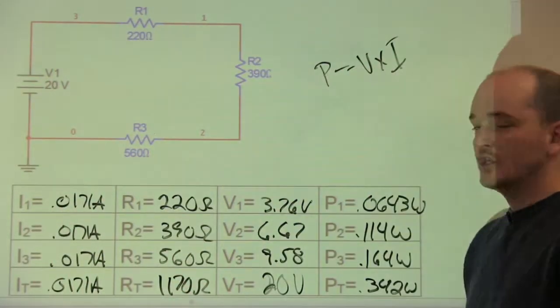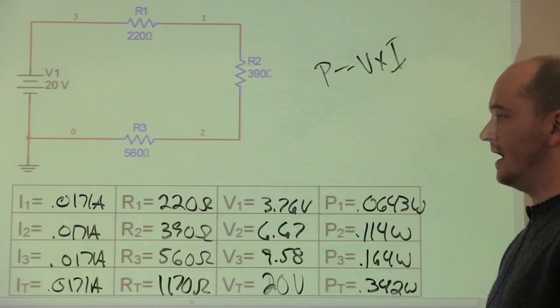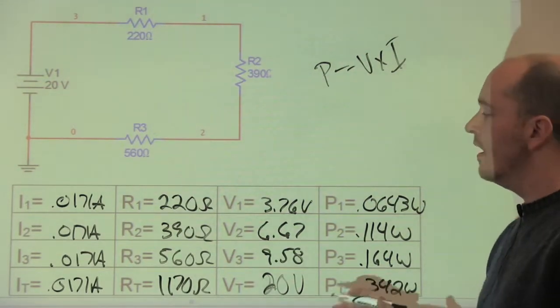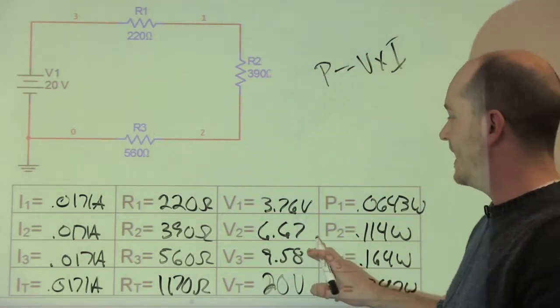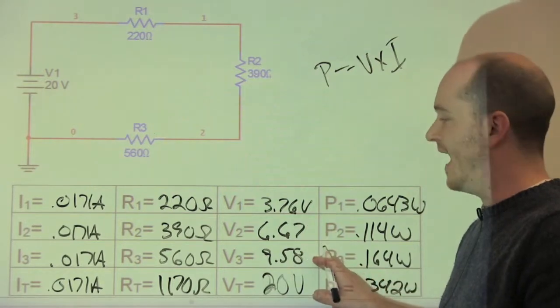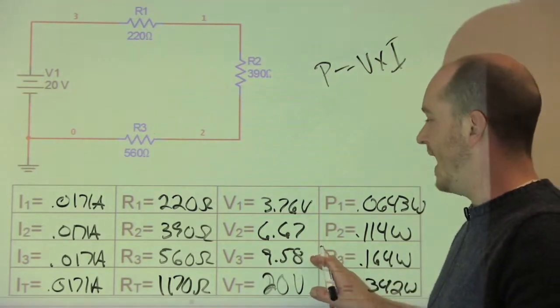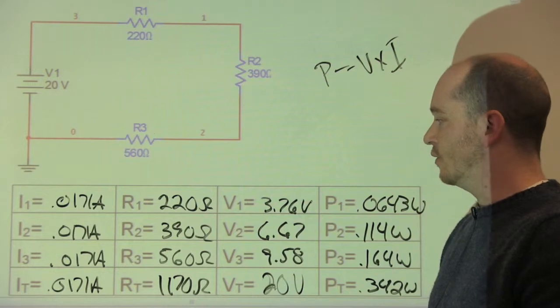There are a couple of checks at this point that we can do to make sure that our math is correct. For example, we can come back and take any of the voltage drops that we have and divide it by the individual resistor.